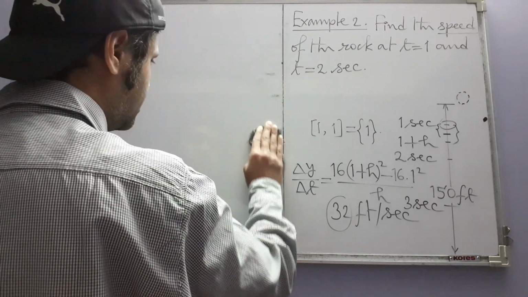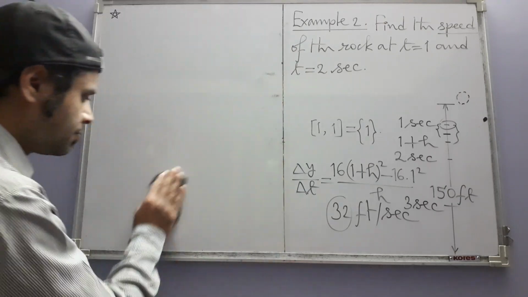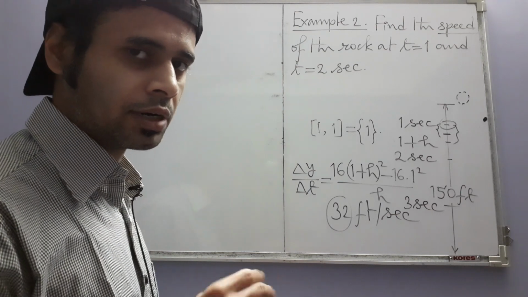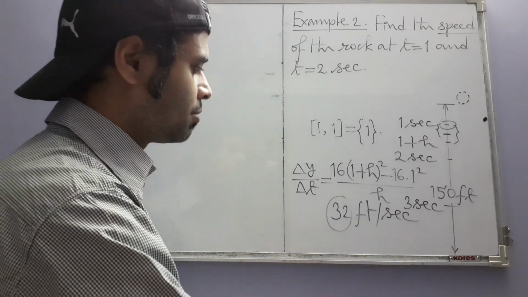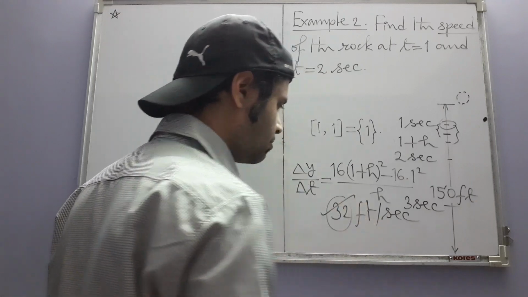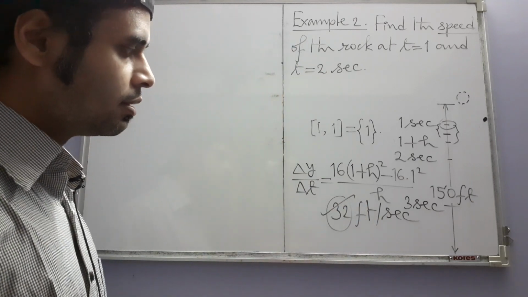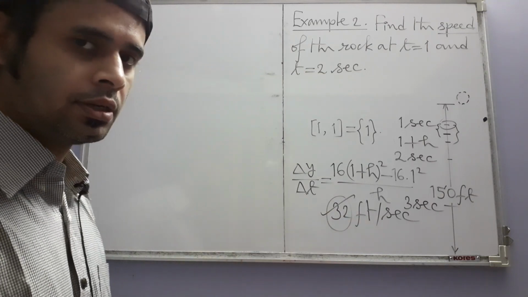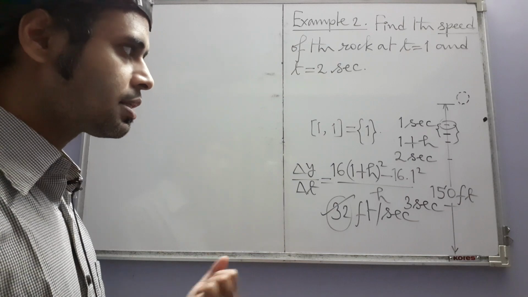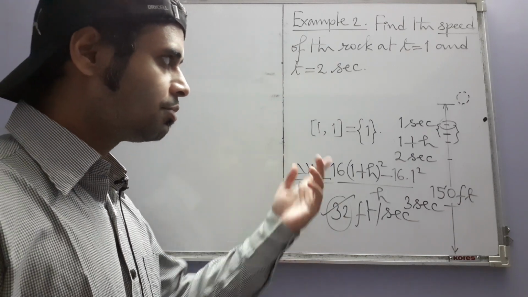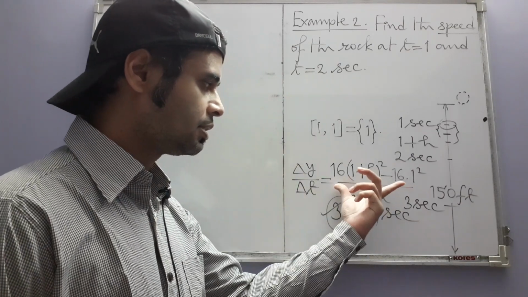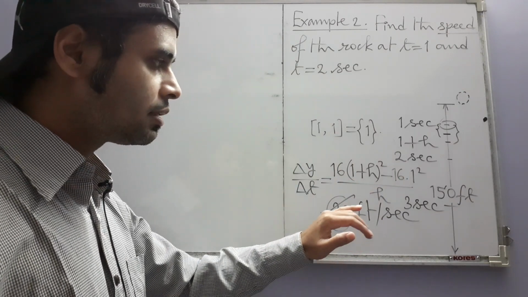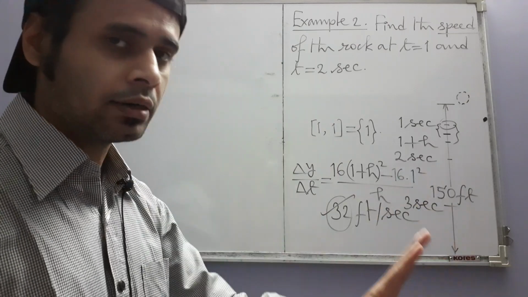We understand intuitively what that means in this example, although we have not rigorously defined what limiting value even means, but we understand that it should be 32 feet per second. So what is the relationship between this number 32 and those average speeds? Those average speeds are something we can calculate. For them we already have an algebraic formula, and it has a meaning. This 32, however, is something that we want.